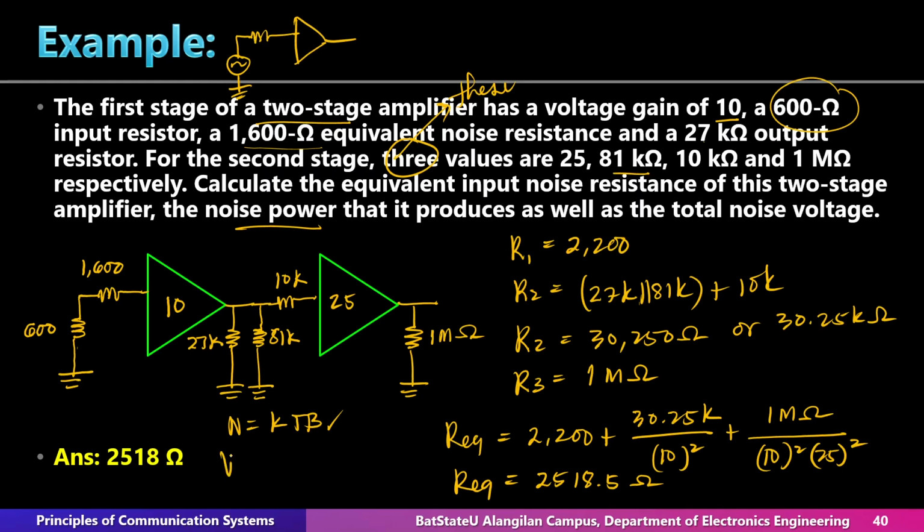The noise voltage, remember, is the square root of 4KTBR, where R is the resistance we computed. Let's assume the bandwidth is 200 kilohertz at a temperature of 310 kelvins.